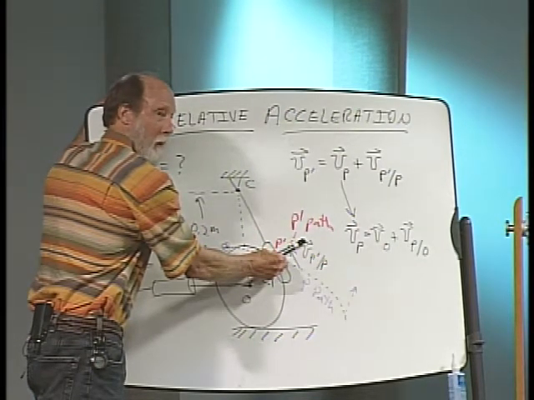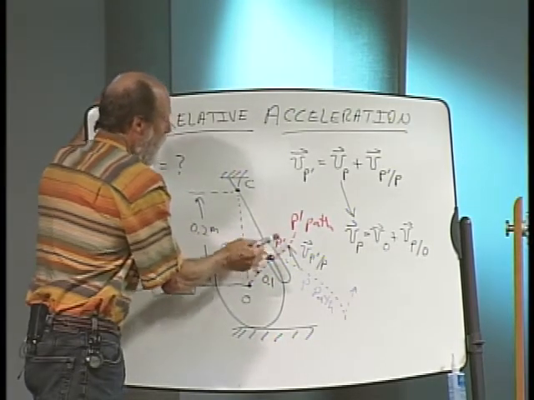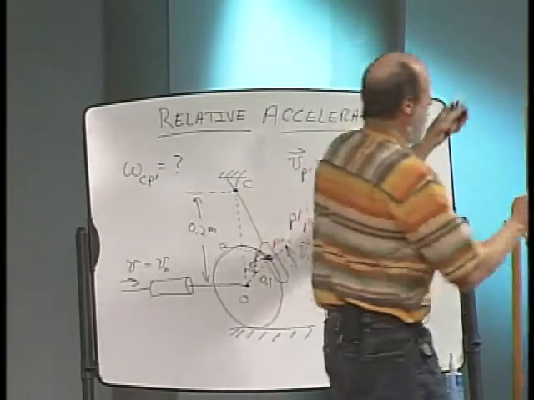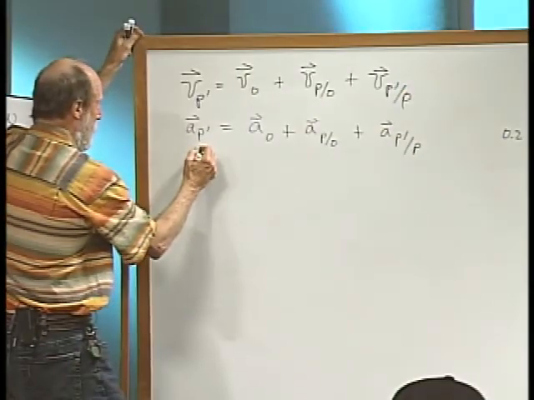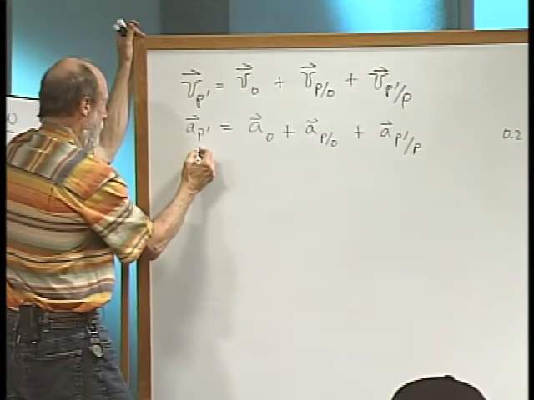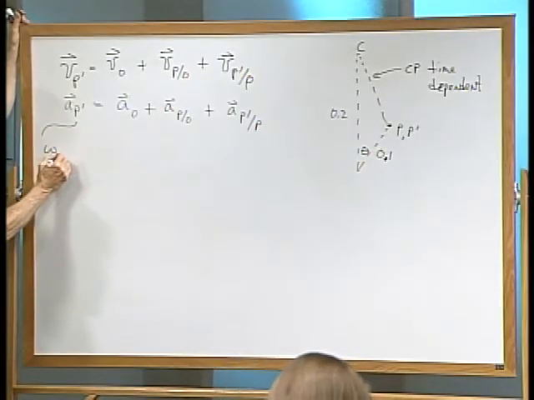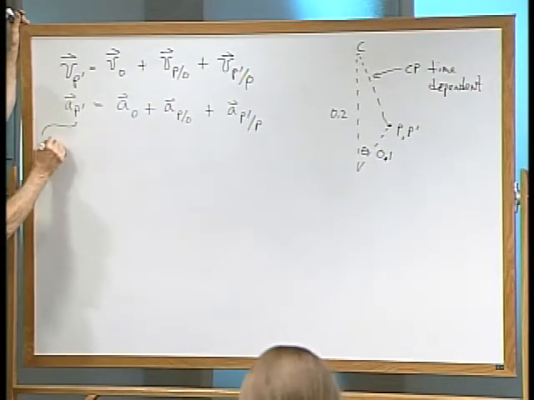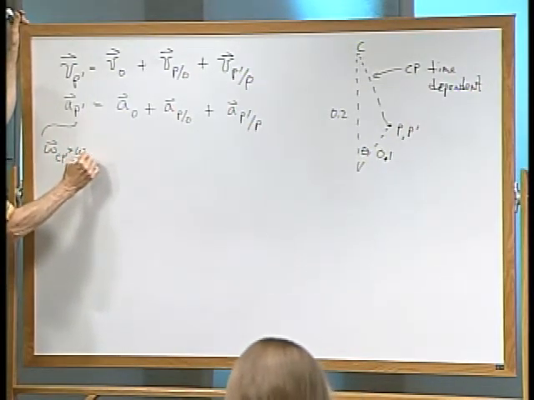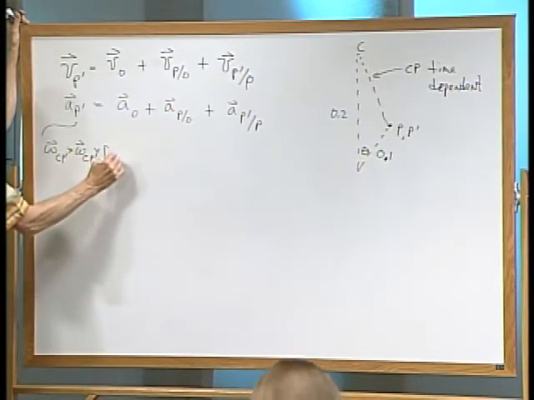Highly likely. So the way I would write that acceleration of p prime is as a fairly complicated mess. It's going to be omega of Cp prime crossed with omega Cp prime crossed with r of c relative to p prime.